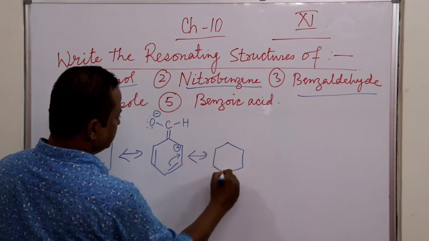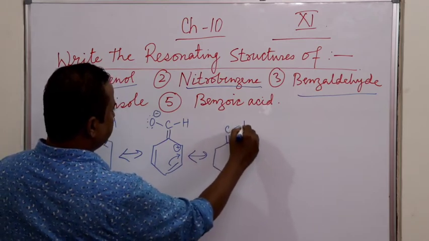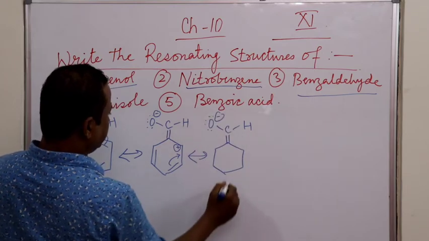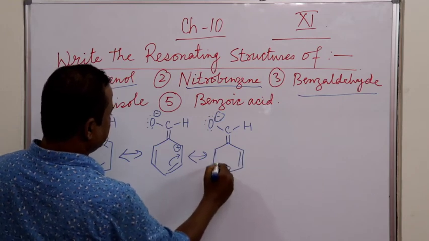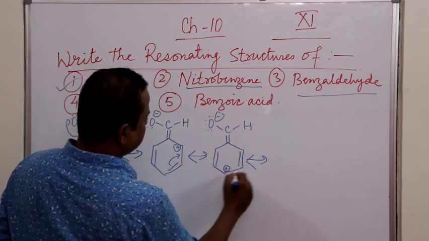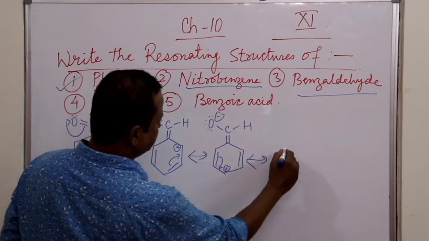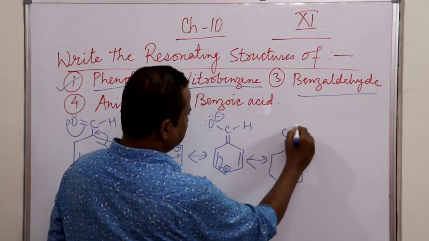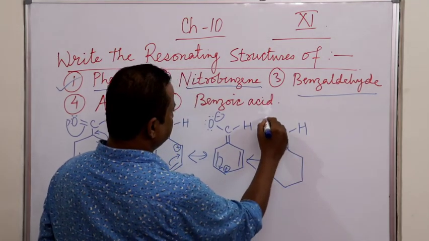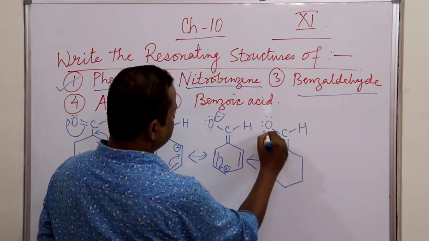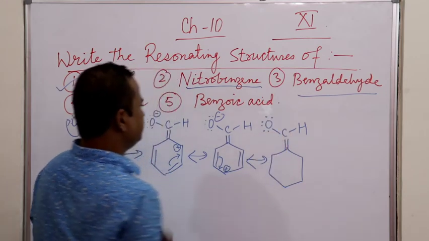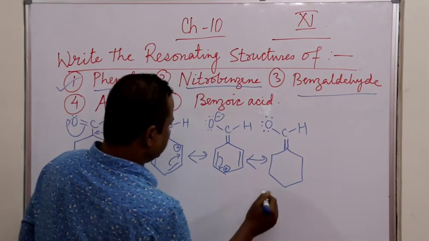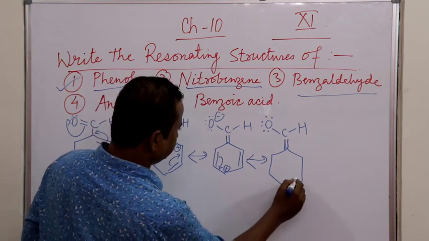So in the next structure, this will get attracted towards this position. The pi electrons are weak electrons, that's why it is happening. Okay, so double bond will shift here, plus sign will come here. In the next structure, this will attack at this adjacent position, and it's very easy, you just need practice. It might look difficult, but if you give a good look to the structure, you can find that they are not difficult.